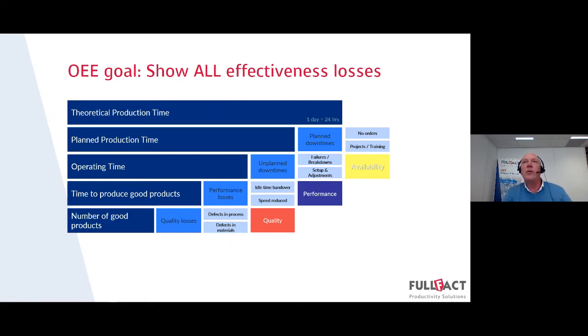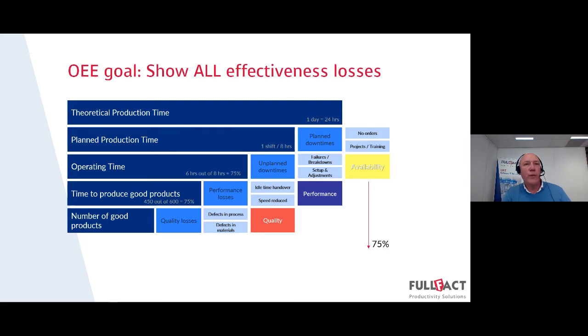You put the calculation to it: 1 day, 24 hours. 1 shift is 8 hours. Your operating time was 6 hours out of 8 hours, meaning 75%. If you're producing 100 pieces per hour and you had 6 hours, you could have been producing 600 pieces.